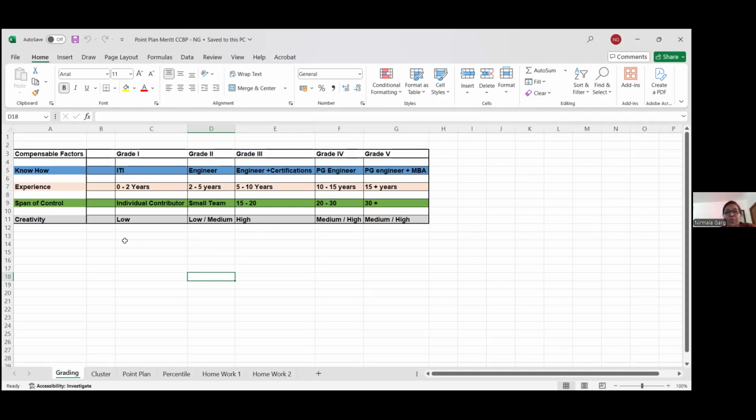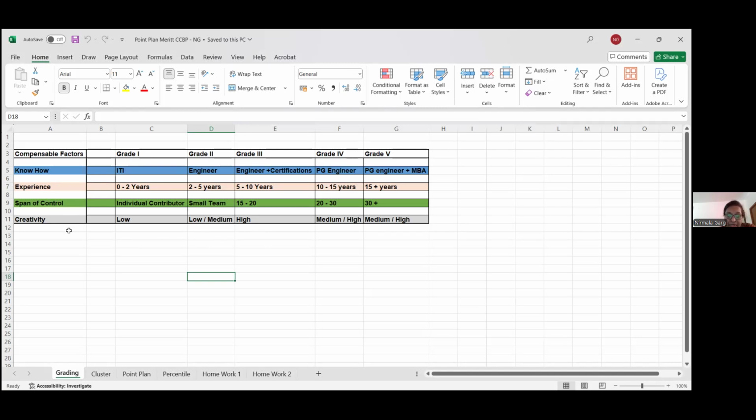Slotting those positions into grades irrespective of their function. And how do you do that? You have to create this predetermined grid. For the purpose of this exercise, I want you all to make only 4 grades, grade 1 to grade 4. That's step 1. Step 2, use 4 compensable factors, easy compensable factors, because you are at a learning point.